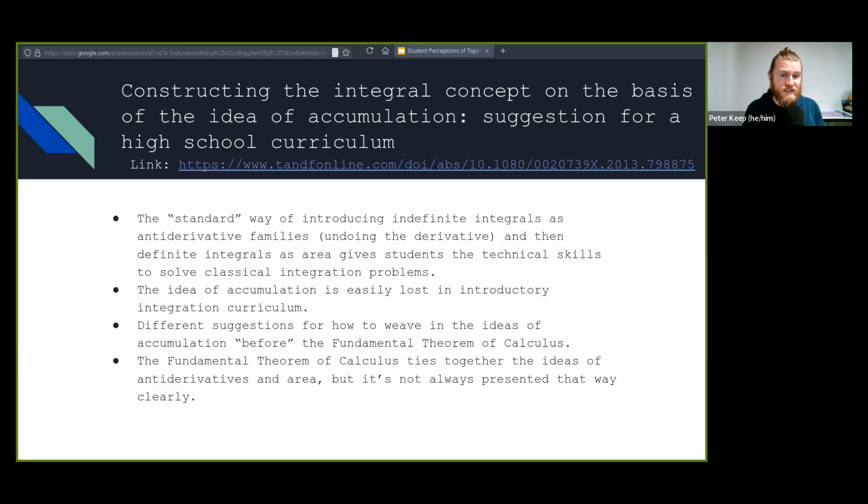They had a whole bunch of suggestions in this paper on how to weave the ideas of accumulation in before we get to the fundamental theorem of calculus. The fundamental theorem of calculus is the wonderful thing that links indefinite and definite integrals together, right? It connects limits, derivatives, antiderivatives, and area all together. But they noted that including that so late in the curriculum might not always be as helpful as we think it is.